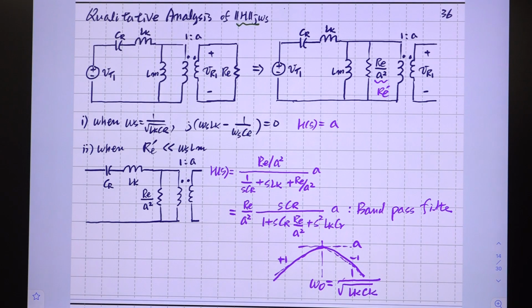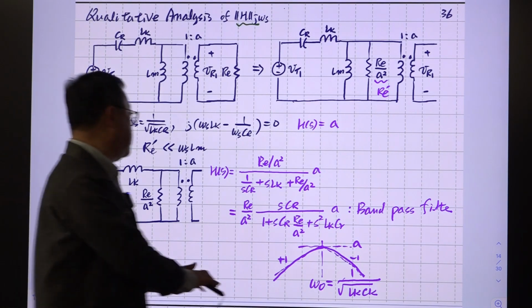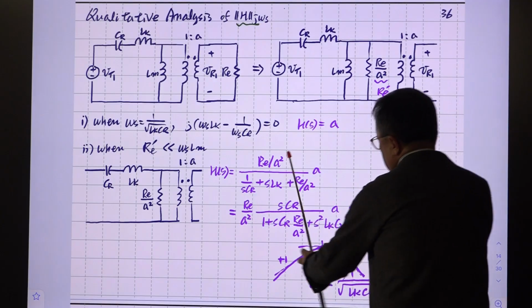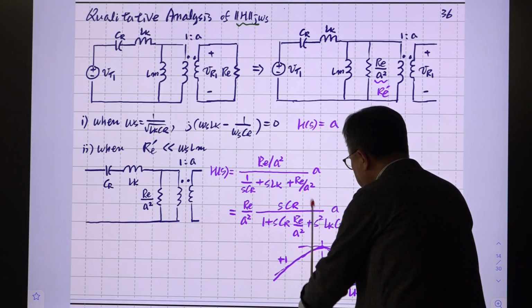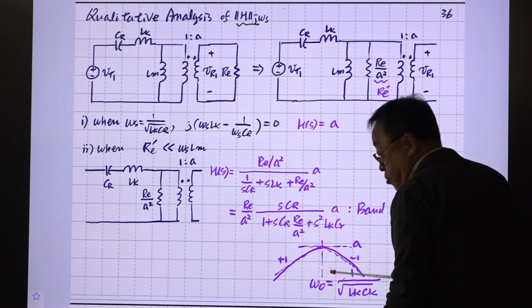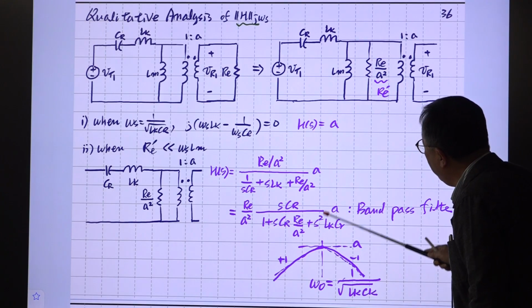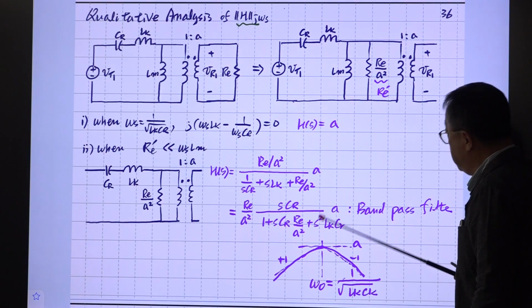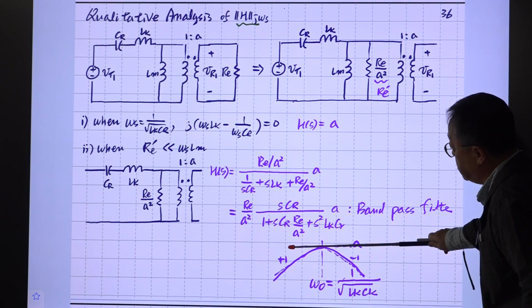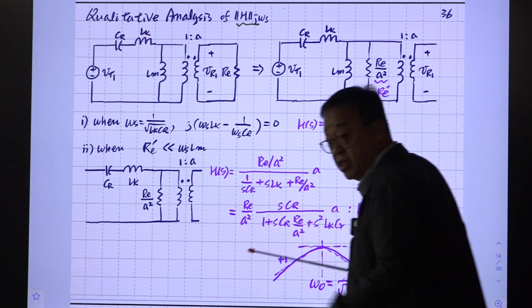Right? If Q increases, this peak remains the same. Only the width becomes narrow. So maybe you have this type of diagram. Right? It does not go beyond this level because the maximum gain is always A here. Okay, it won't change.